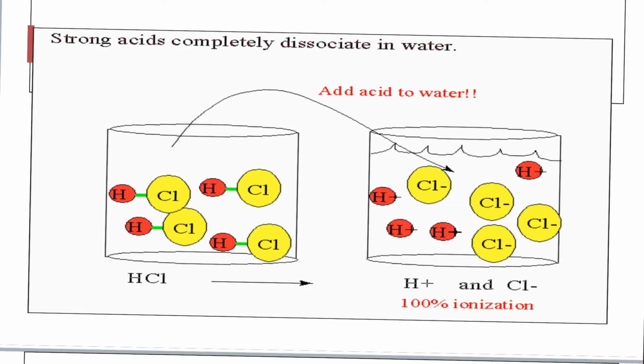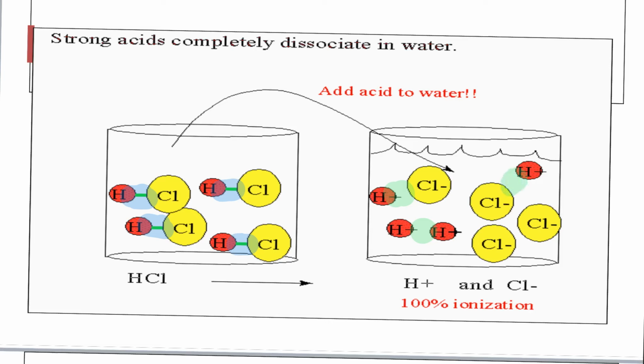Just to give you more of a particulate model of how this works when we're talking about dissociating in water. Before you add water, here's hydrochloric acid. Hydrogen is bonded to chlorine here. Once it's dissolved into water, the bond no longer exists.